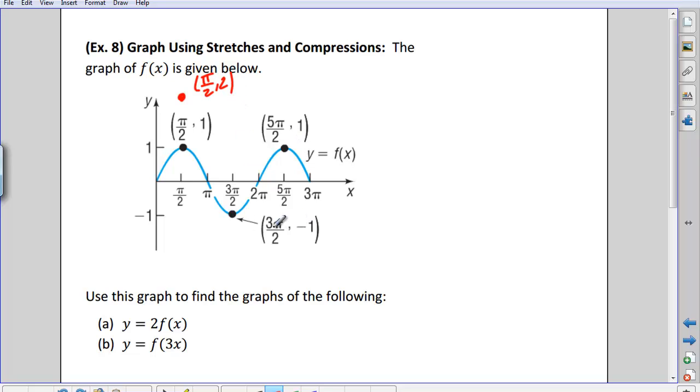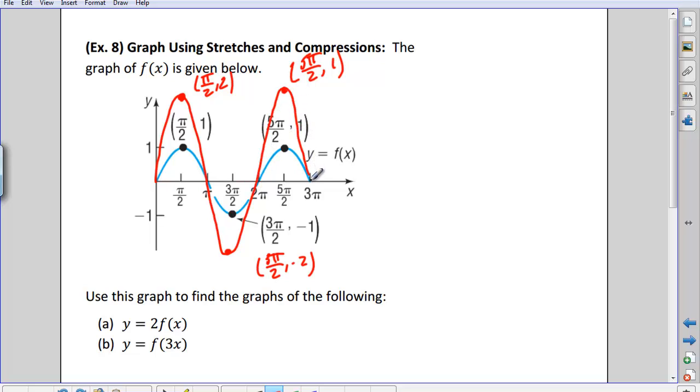And down here, instead of 3 pi halves, negative 1, it's 3 pi halves, negative 2. And same thing up here, 5 pi halves, 1. And so we end up with this new graph right here.